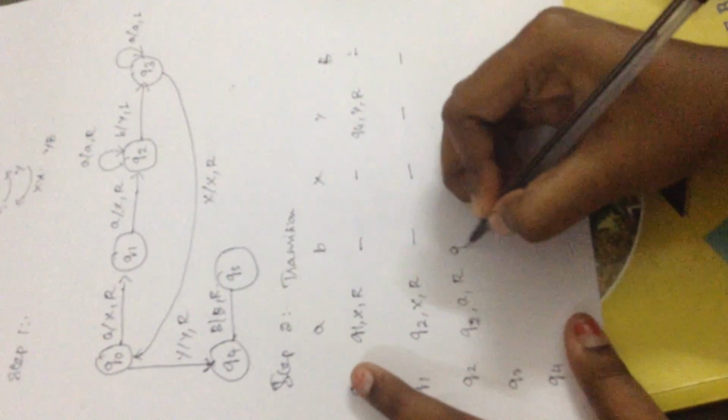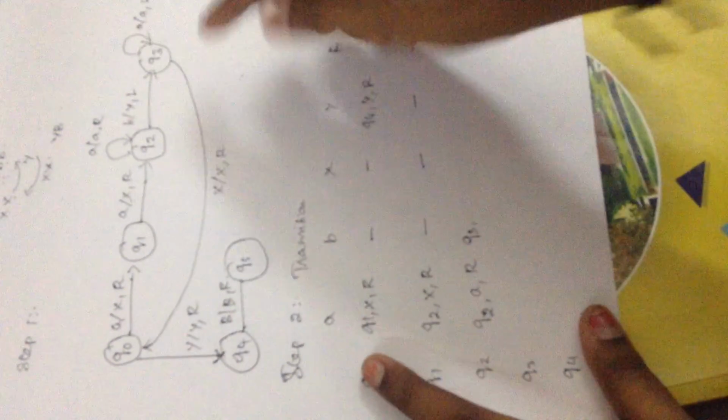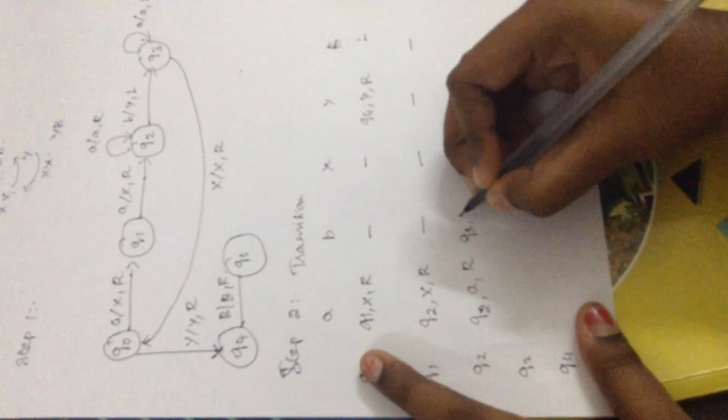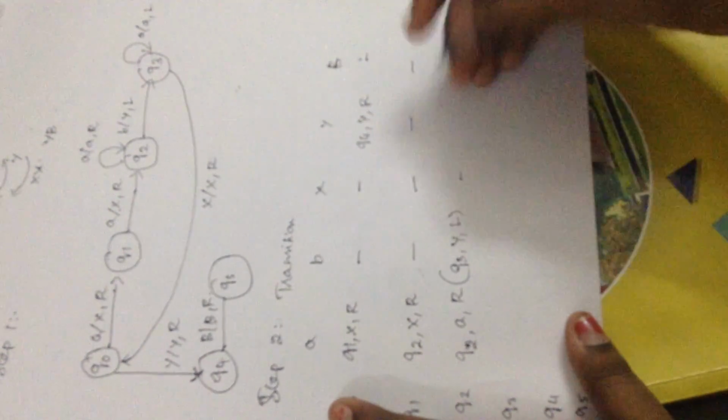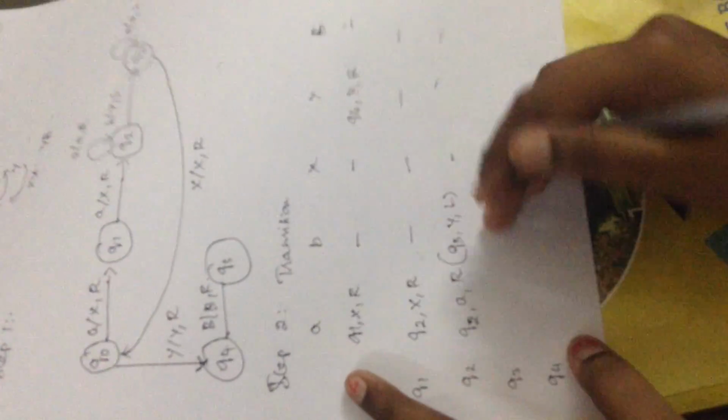In Q2 it reads b and moves to Q3, and converts that b into y and moves in the left hand side direction. It has no transition for x, y, and blank. Likewise we have to write the transitions for all the states.